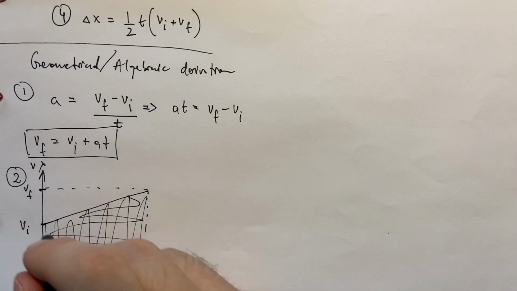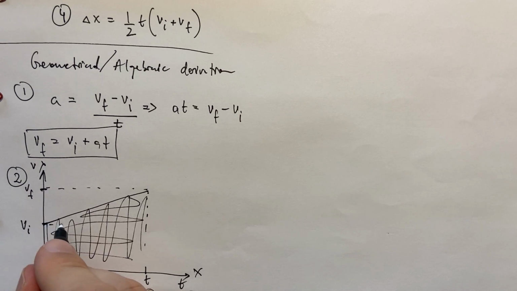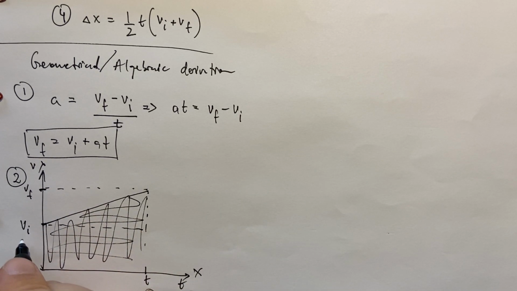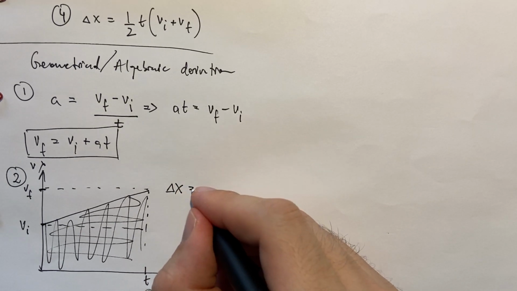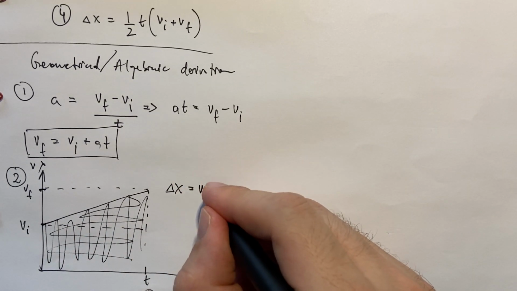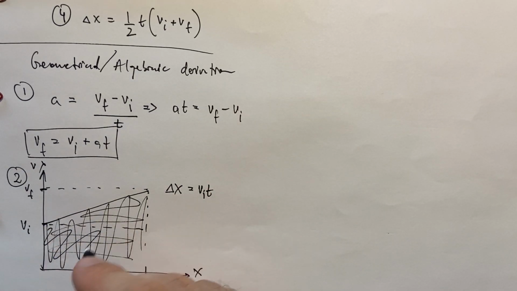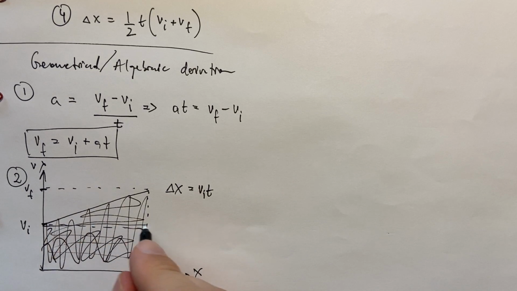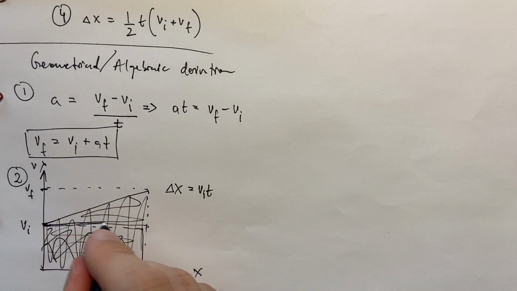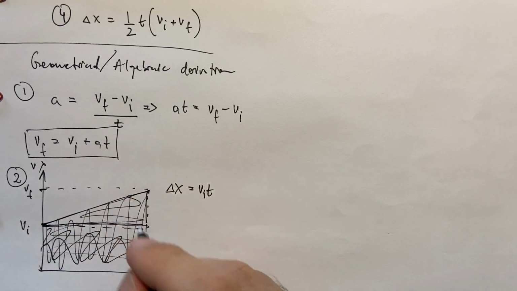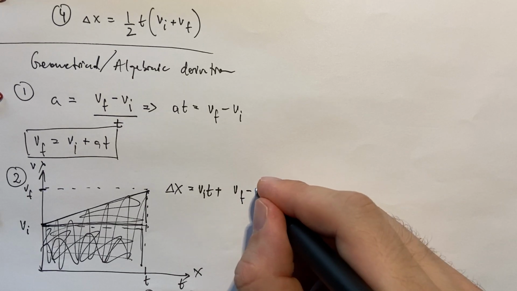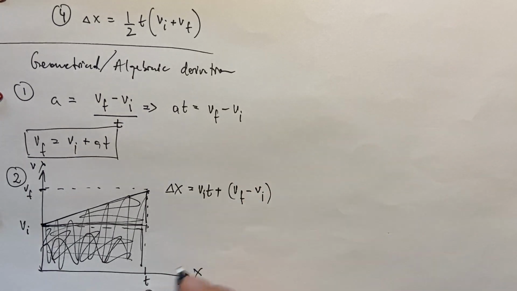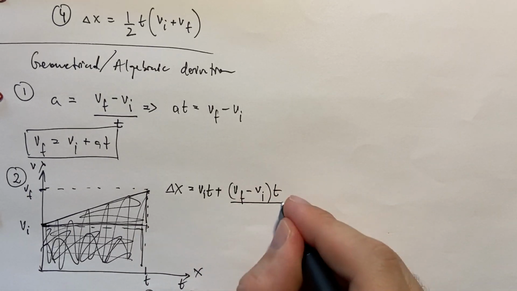How do we calculate the area under this curve? Well, first we have an obvious rectangle here comprised of vi as the height and t as the width. So delta x, the displacement, will be vi times t, the area of this rectangle here, plus the area of this triangle here, the height of this triangle being vf minus vi, times the time, divided by 2.